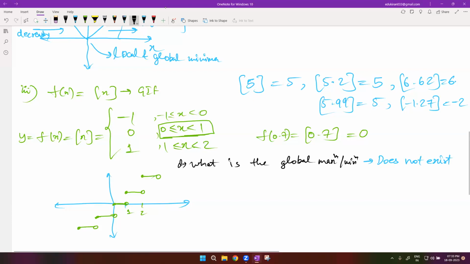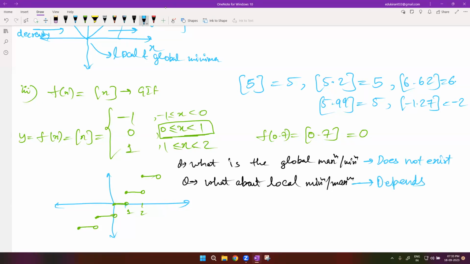Now, if the question is, what about local minimum or local maximum? Then the answer will be, it depends. Depends on what?